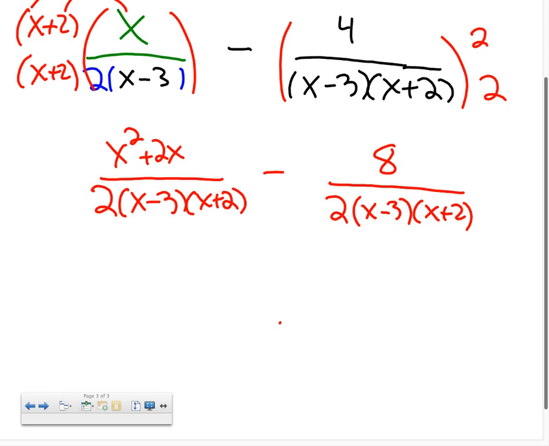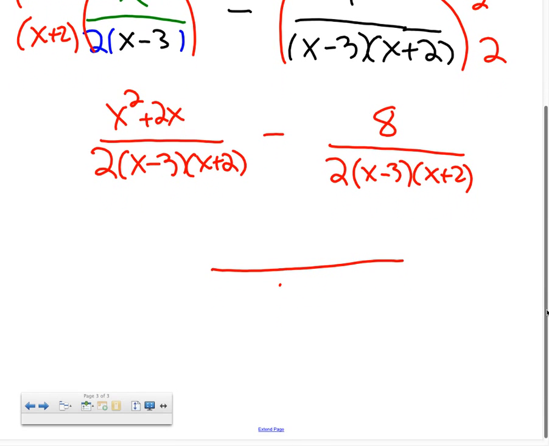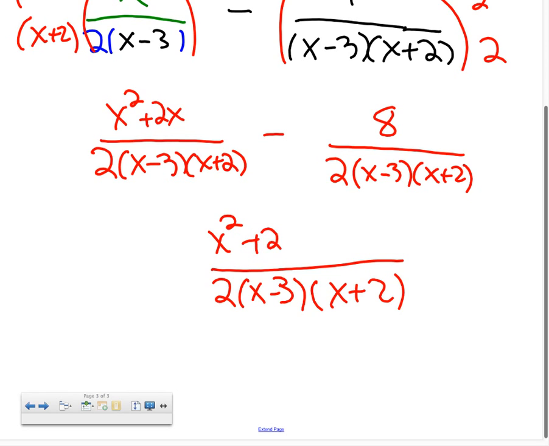Now I can start putting things together. So when I combine these, I have 2 times x minus 3 times x plus 2 on the bottom. And on top, I have x squared plus 2x minus 8.